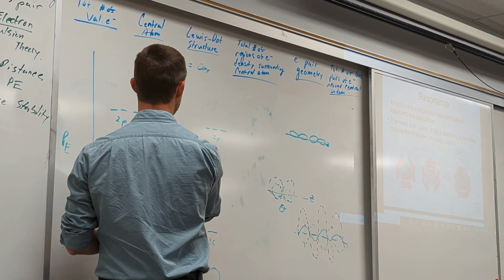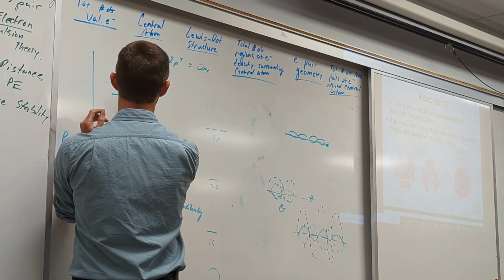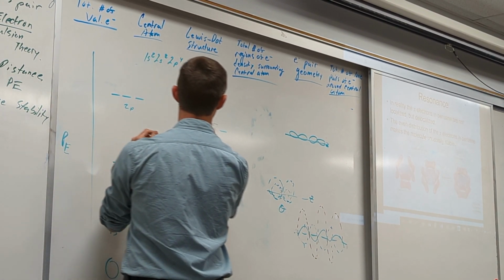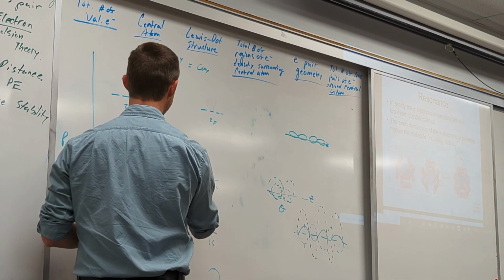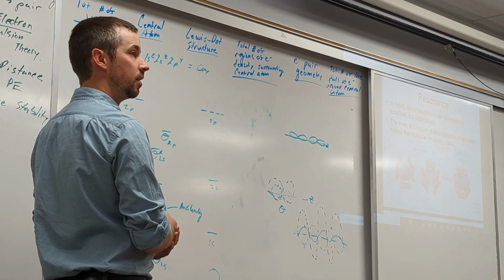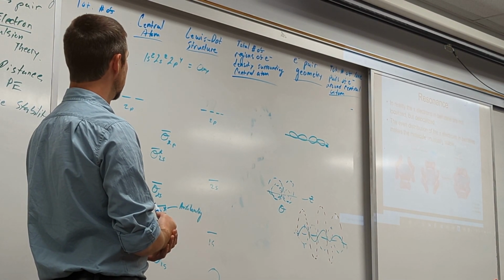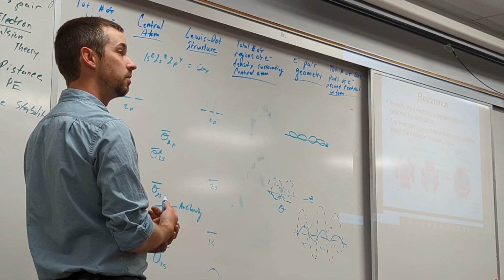This is a sigma. I ran out of space. Don't worry, yours is, I'm sure, so much higher up than mine, right? No. Dang it. I'm writing big. Sigma 2p, right? They could be bonding together, and which also means there's a sigma star as well, right?